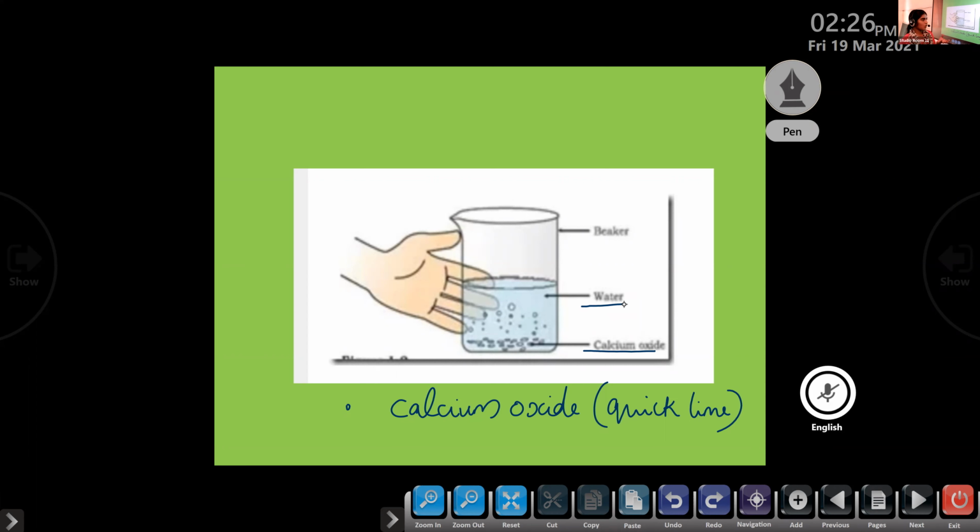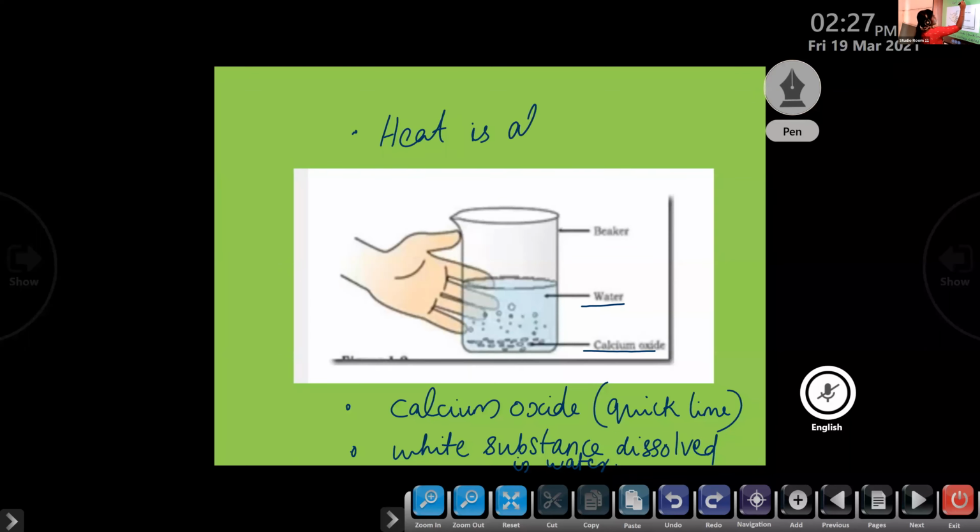A white substance dissolved in water is also formed. Along with these two products, heat is also generated.